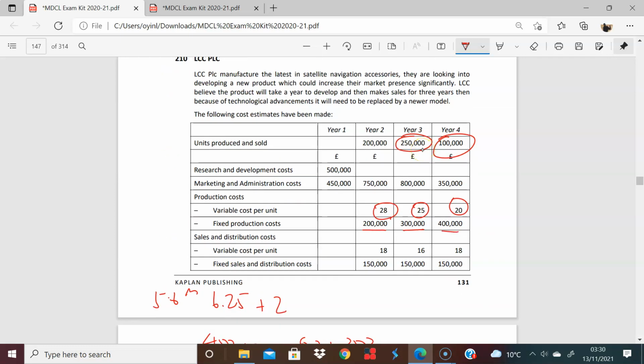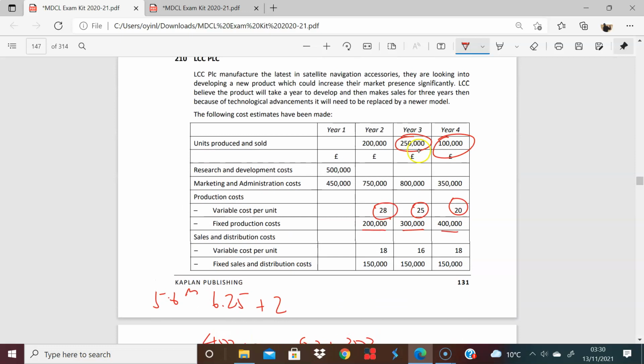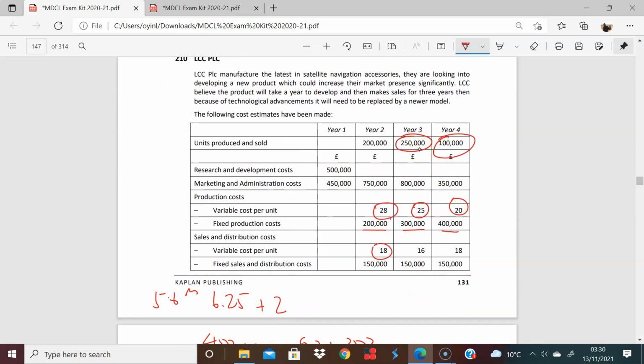Then I have fixed production costs of all of these. So that's 500 and 400, so that's 900,000. And then I have my total variable costs here, which is the 18 times that, and then the 16 times that, and the 18 times that. And so let's do that. So the 18 times the 200,000 is 3.6 million.